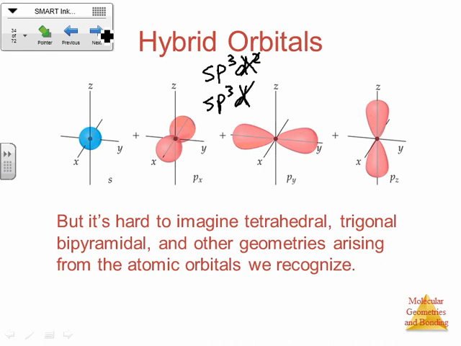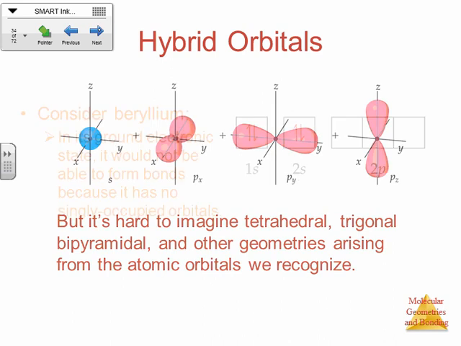Now, s's and p's might still hybridize, possibly, or there may be another explanation out there. But for now, what the AP exam has said is, all we need you to know is the hybridization up to sp3, because we're pretty sure that sp3d and sp3d2 do not happen. Okay.